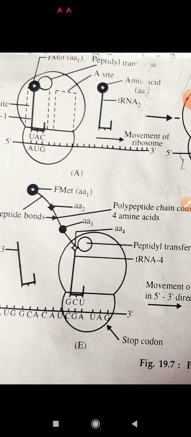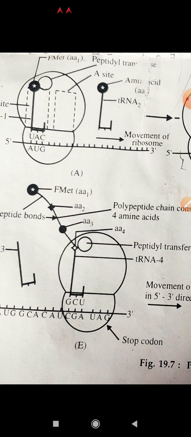They are also called nonsense codons, as they do not code for any amino acid. Whenever the ribosome comes to these codons, further elongation of the polypeptide chain stops, and the process is called termination.